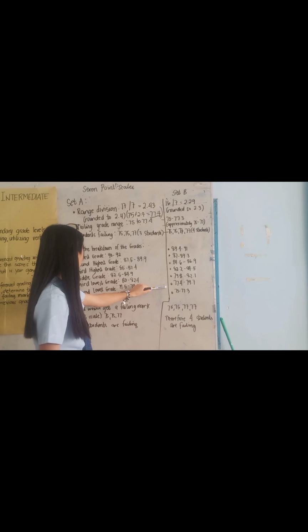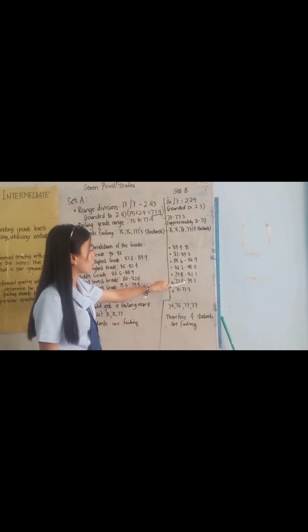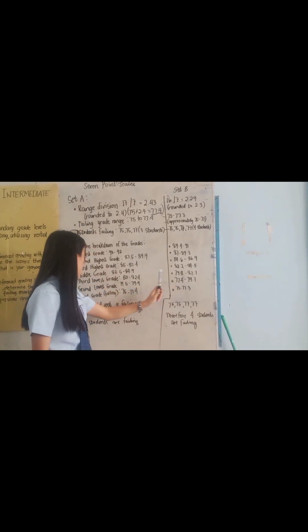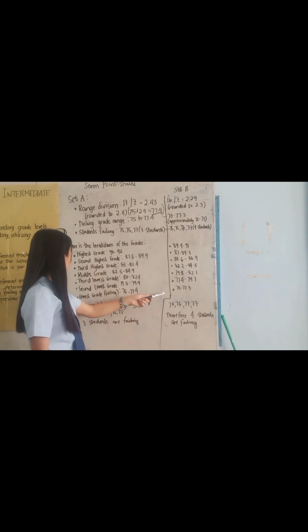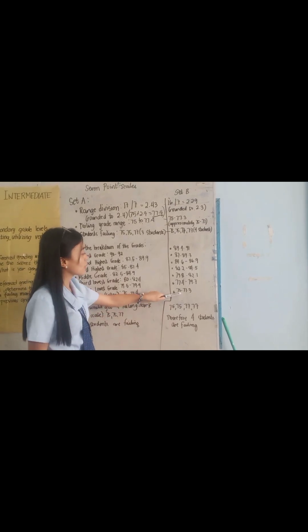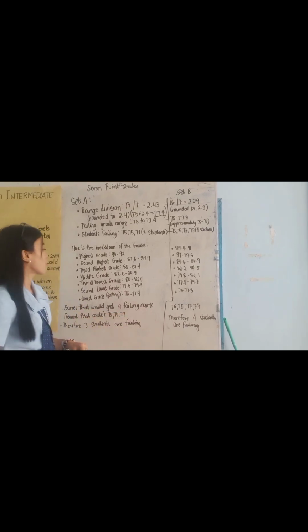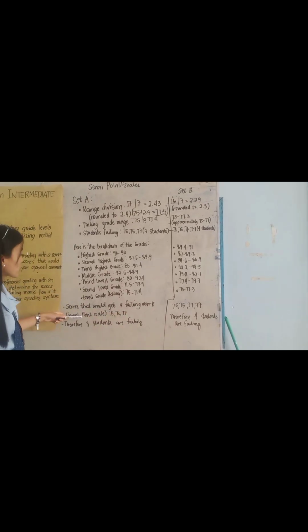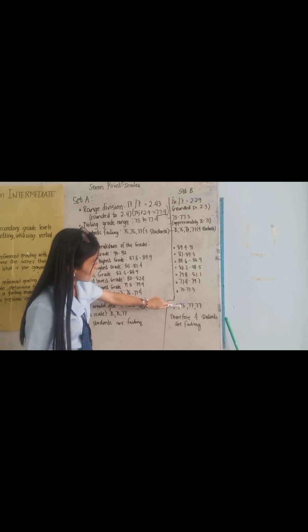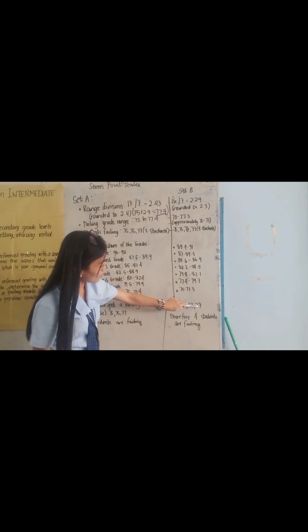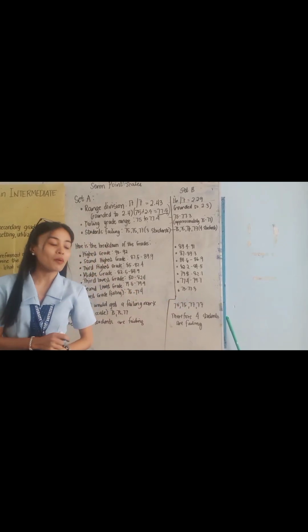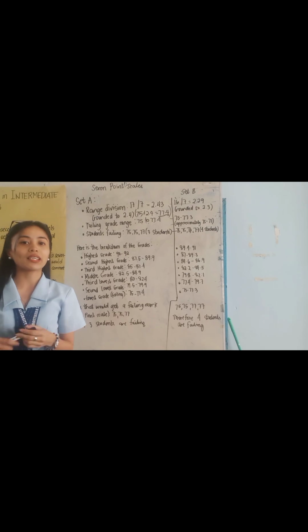Then the second lowest grade is 77.4 to 79.7. Then the lowest grade, or the failing grade, is 75 to 77.3. So the scores that would give a failing mark by the 7-point scale are 75, 75, 77, and 77. So therefore, 4 students are failing.